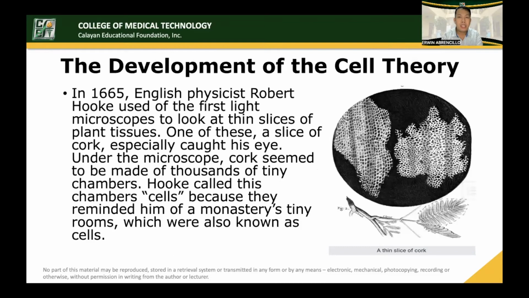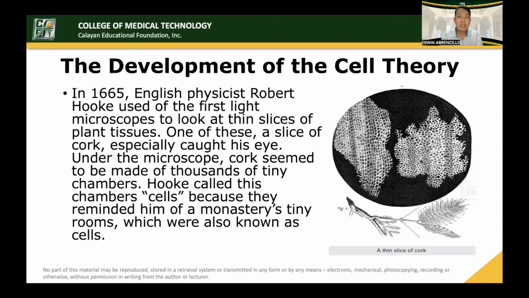Now, in 1665, English physicist Robert Hooke used one of the first light microscopes to look at thin slices of plant tissues. These plant tissues are actually a slice of cork, which is already a dead part of the plant.